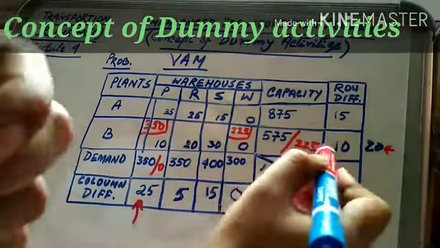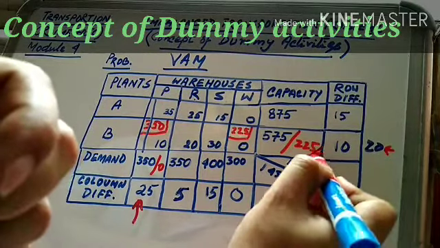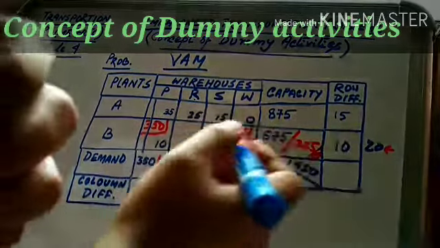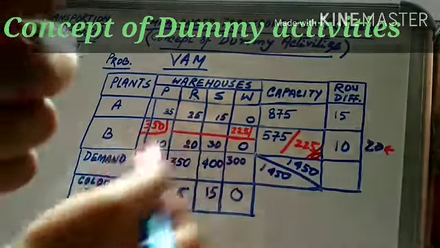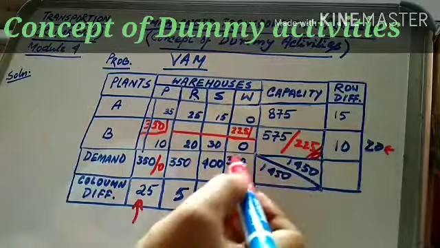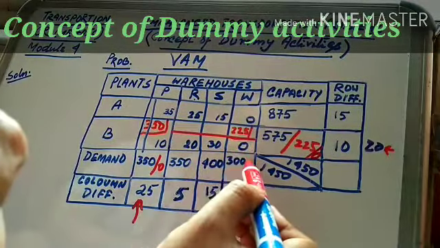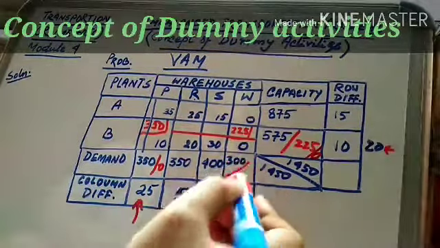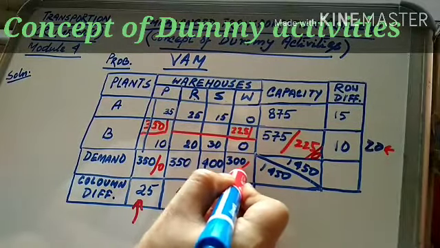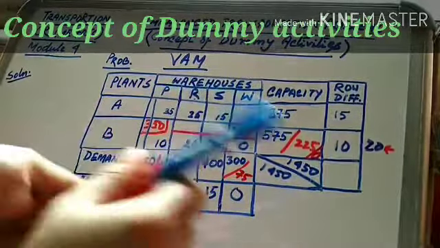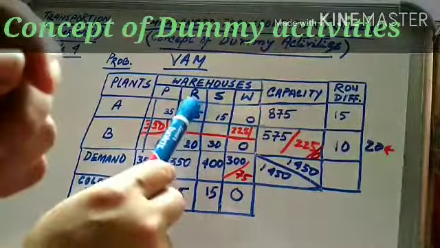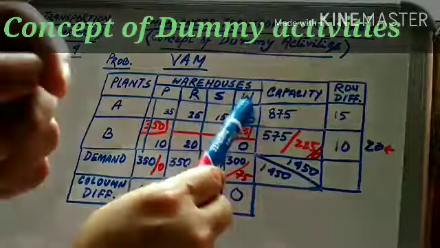Okay, so it becomes 0. Now as this is exhausted, we can strike this one out. Now 225 and 300 here, so we subtract that value, we get 75. Okay, now only this particular row remains.